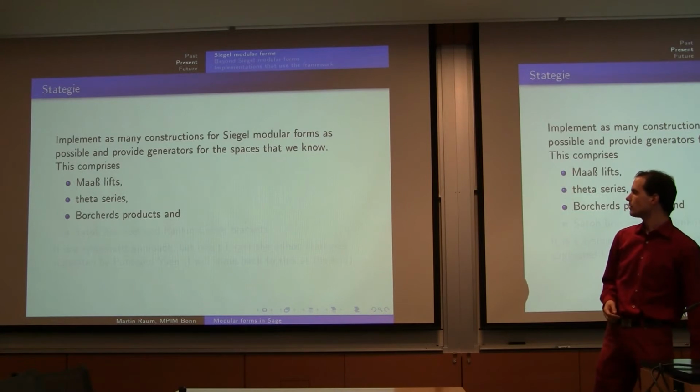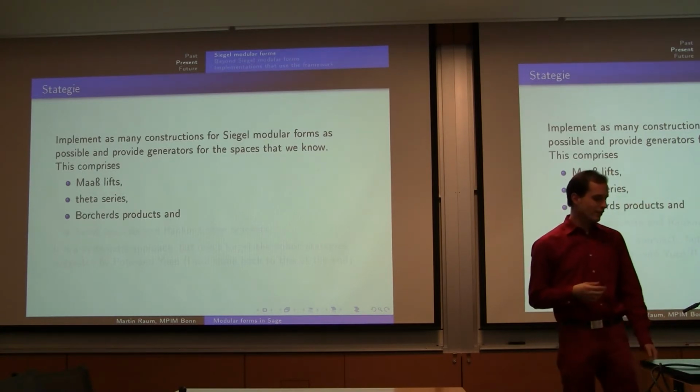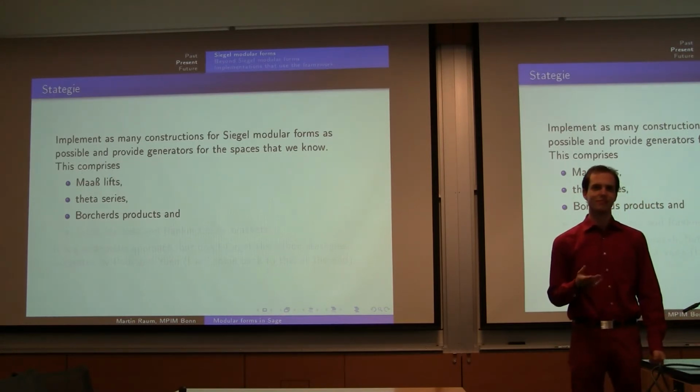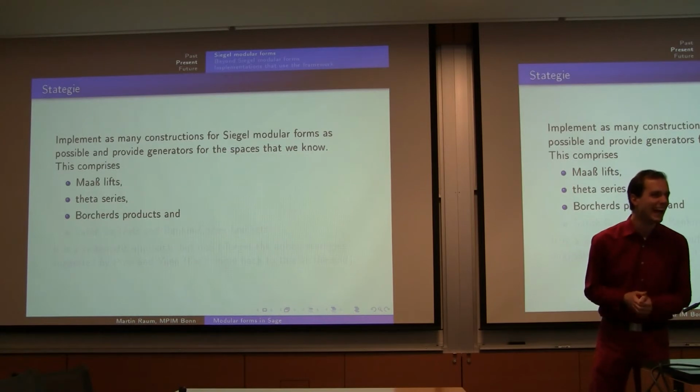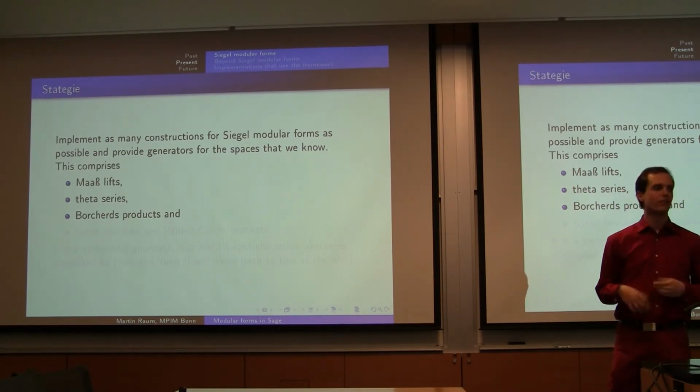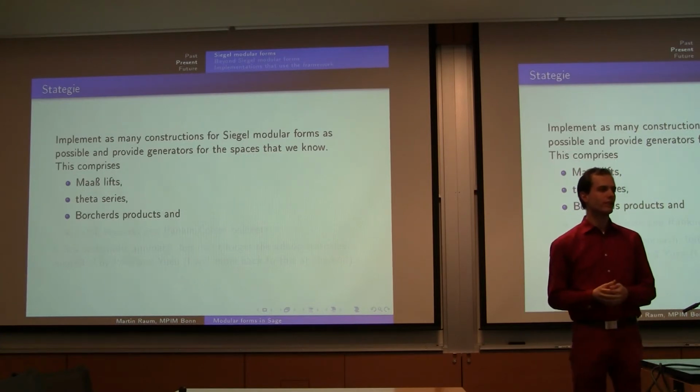Theta series and Borcherds products are certainly interesting constructions for all of us who are involved with orthogonal modular forms, which in this room might only be me, but it is a very nice approach if you're, for example, interested in Kac-Moody root systems and so on.